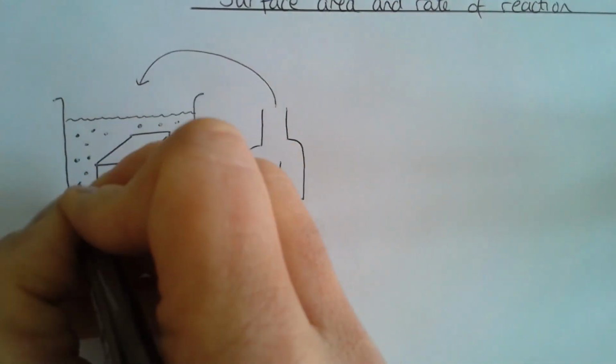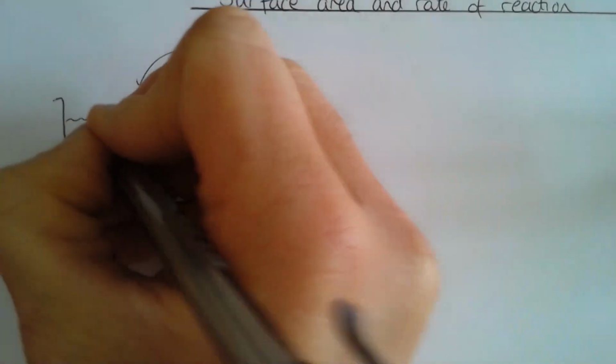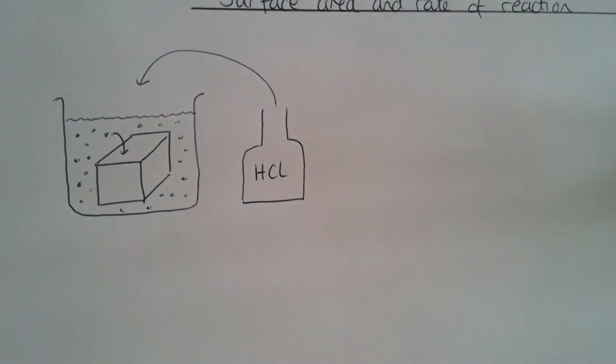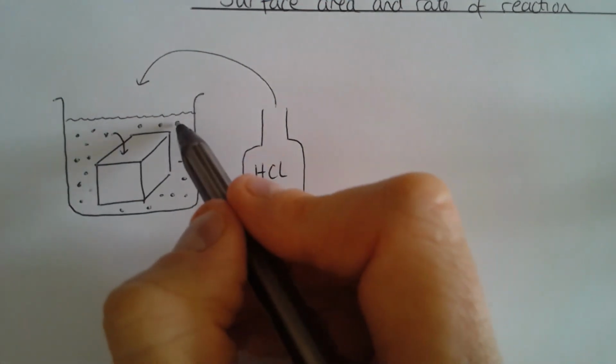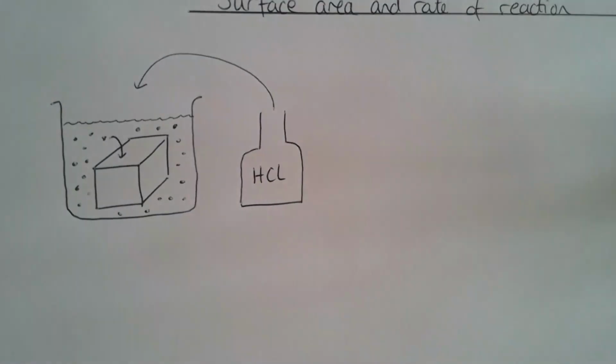These particles can hit the surface of the marble chip, and a reaction can take place. So the particles can collide with each other. The marble chip is made of particles, and the hydrochloric acid hits the surface of the marble chip, and we can have a successful collision and a reaction can take place.